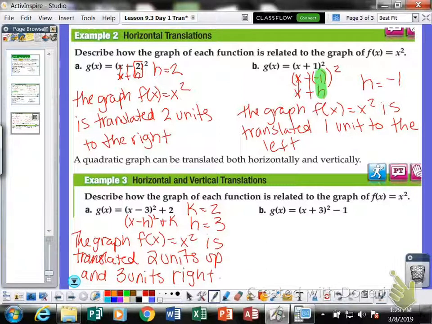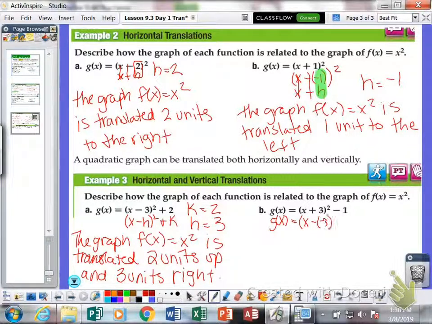And then for the next one, g of x, we could rewrite this as x minus a negative 3 quantity squared minus 1, because I want to rewrite that plus as a minus because I need it to be negative. So g of x equals x minus h squared. And then in this case it would be minus k, or you could do plus negative 1, but we have our plus k.